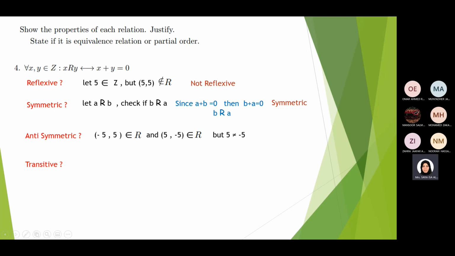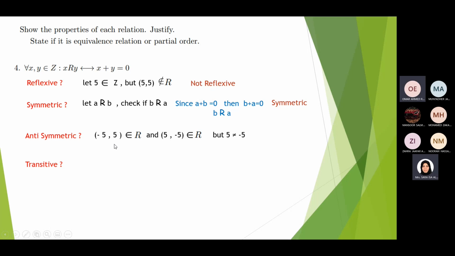Now, is it transitive? No. Why? The counterexample is if we assume that minus 1 and 1 belong to R, and also 1 and minus 1, similar to the antisymmetric case. Let's say that minus 5 and 5 belong to R, and 5 and minus 5 also. So here the A and the C are the same element, and the total of them is not equal to 0.